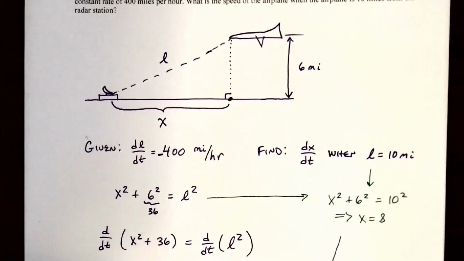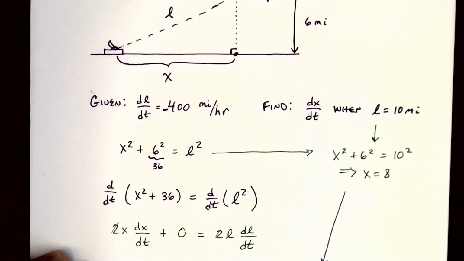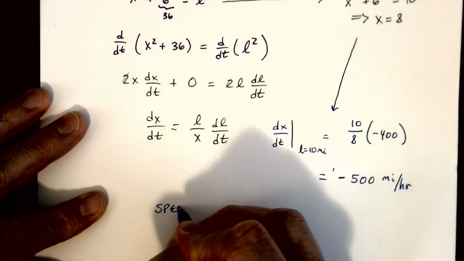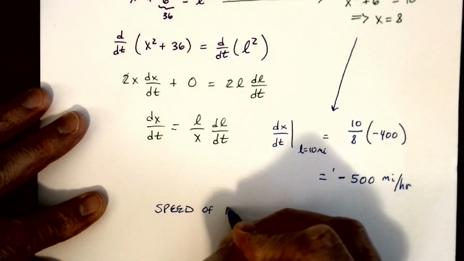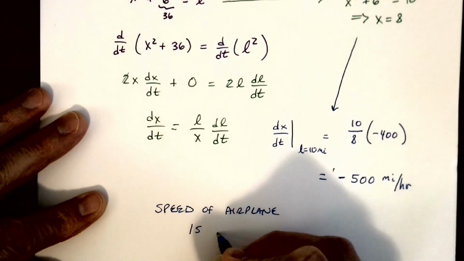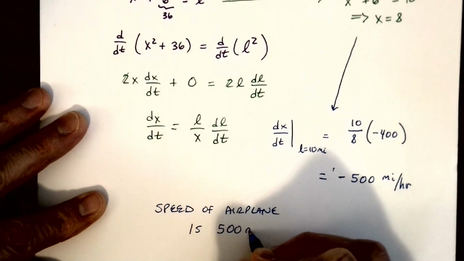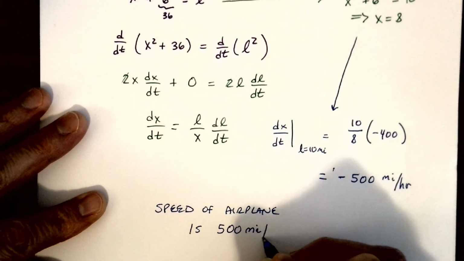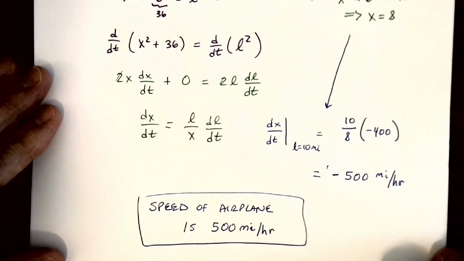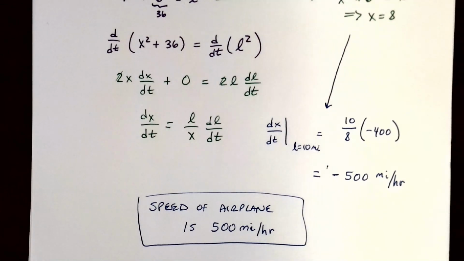But the speed is going to be what? The absolute value of that. So the speed of the airplane is 500 miles per hour. And that's how a radar tracking station can determine the speed of an aircraft.